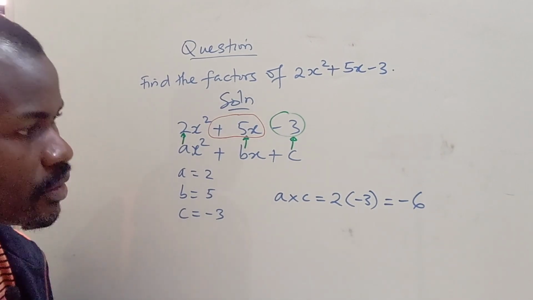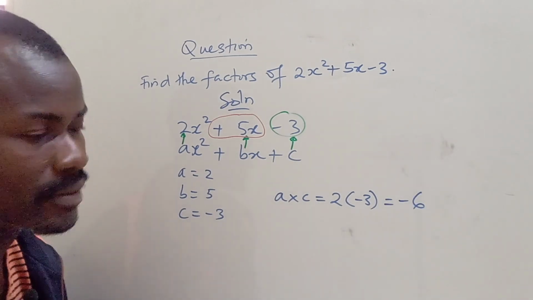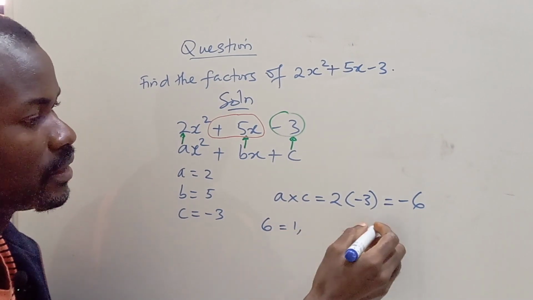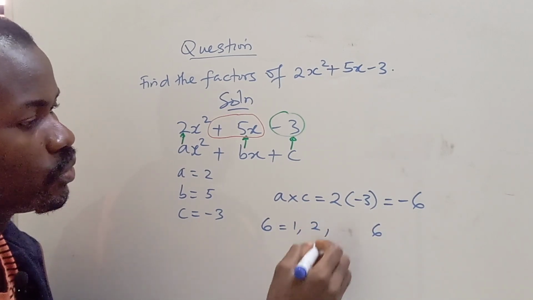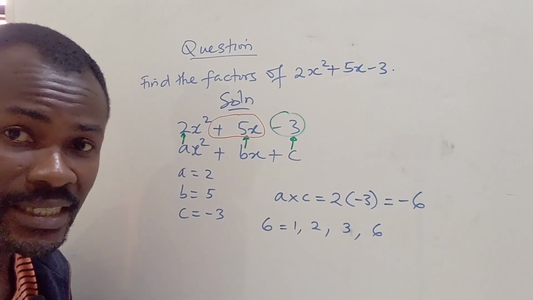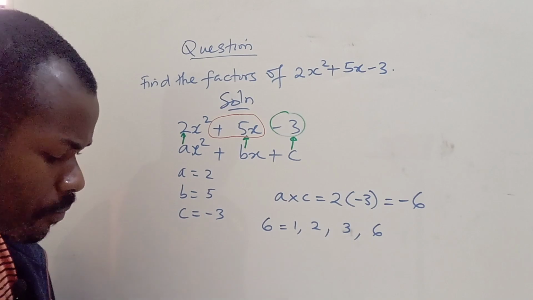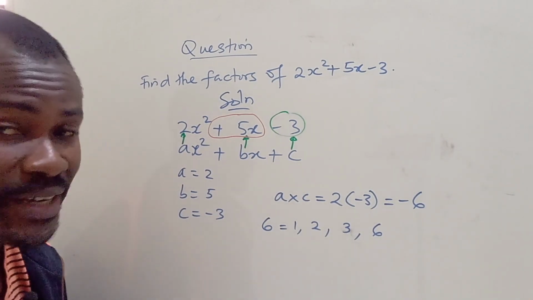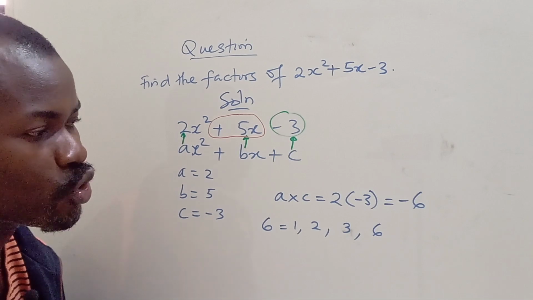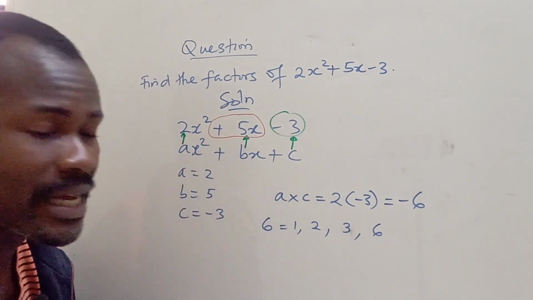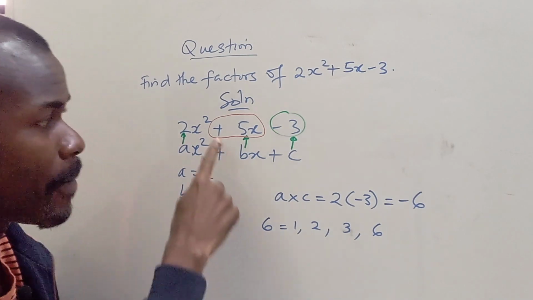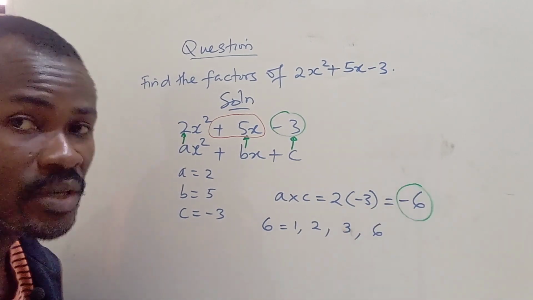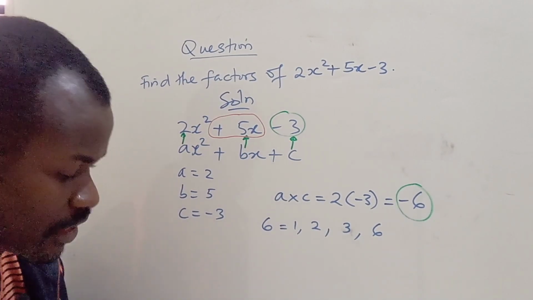So all we have to do is find the factors of 6. For 6, we have 1 times 6 and 2 times 3. These are the factors of 6, which we now have to investigate to see which two numbers can replace this such that their sum will give us plus 5 and their product will give us minus 6.